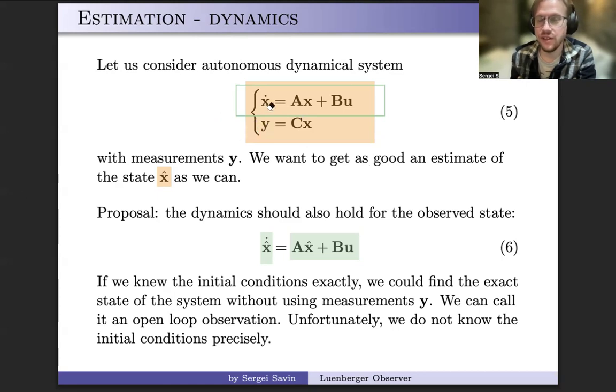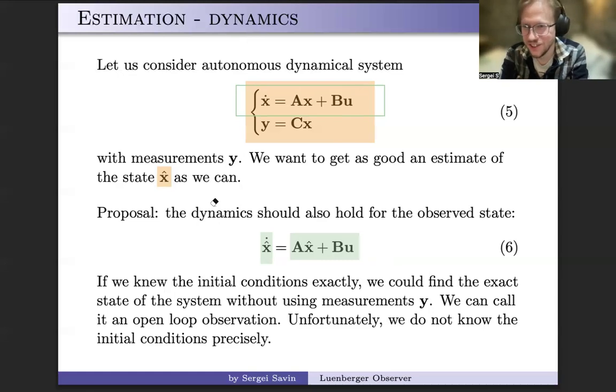So as long as we know initial conditions, and as long as our dynamics equation is correct, we could actually do it. Equation 6 would predict x hat perfectly, because they are indeed the same equations. As long as initial conditions are the same, you would have exact same behavior.